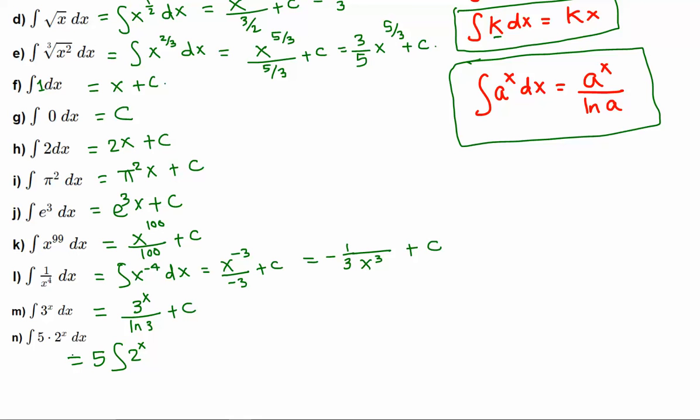But we just pull 5 outside, 5 times the integral of 2^x dx. Using the exponential formula, like M, we get 2^x divided by the natural log of 2, plus C. Final.